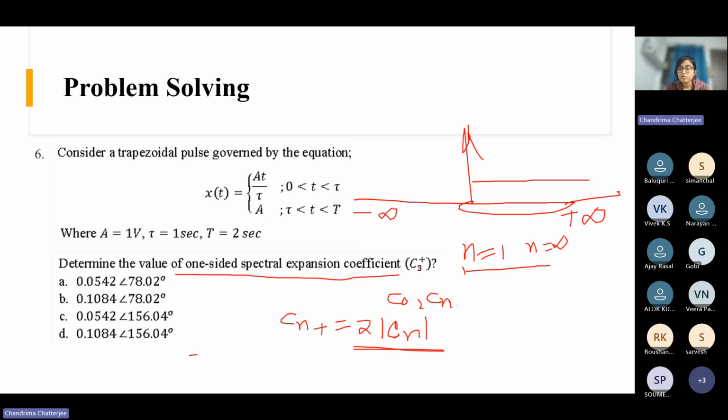Now they have asked for C3 plus, that is the third harmonic component. What was the generalized expression?